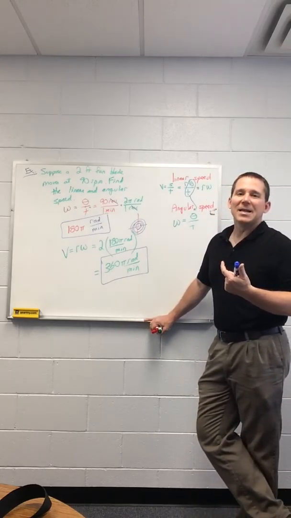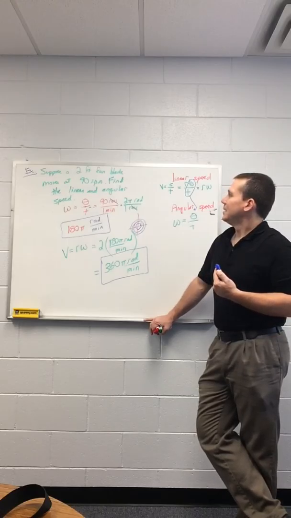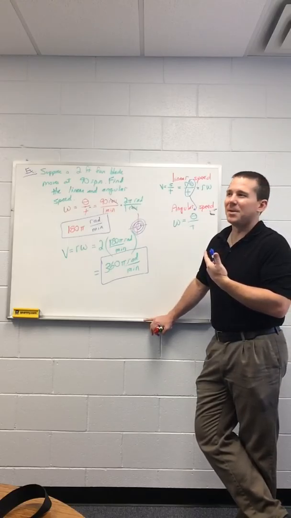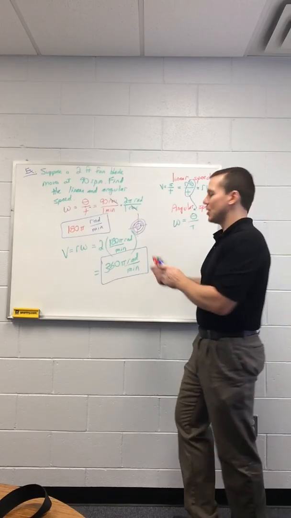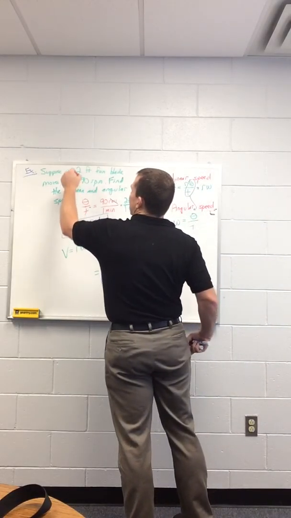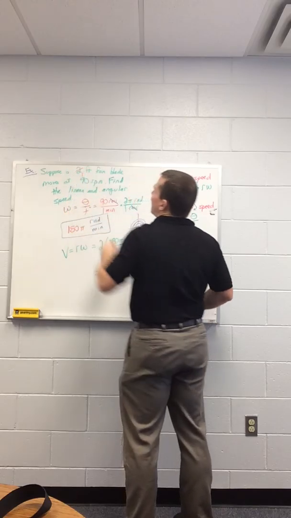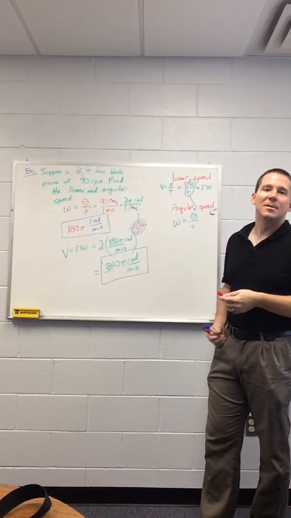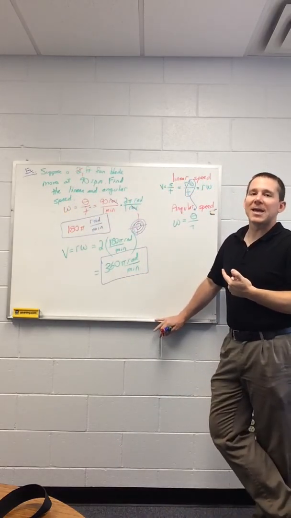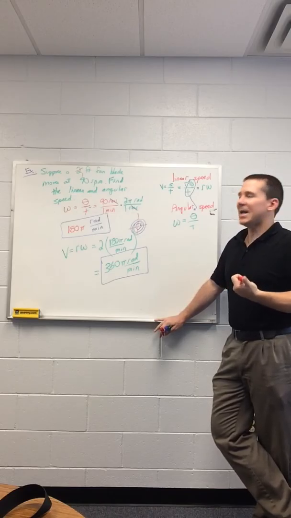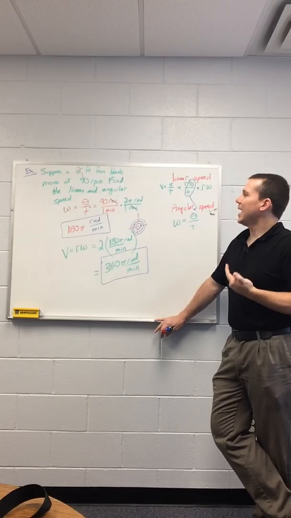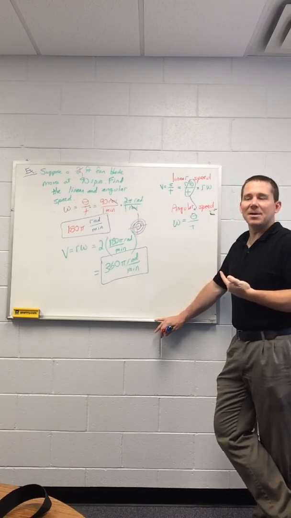If you want to test yourself a little bit, use this exact same problem, but pick a point halfway down the fan blade. So pick a point that is, say, 1 foot from the center. Solve the whole problem out again, and see what you get. We said when we started this, your angular speed should be the same.